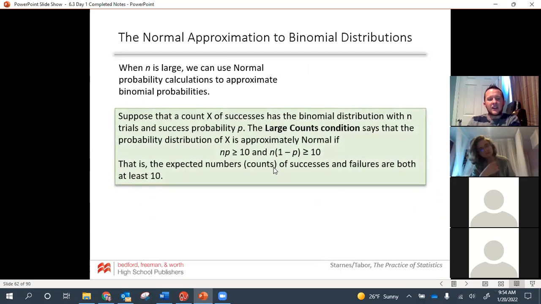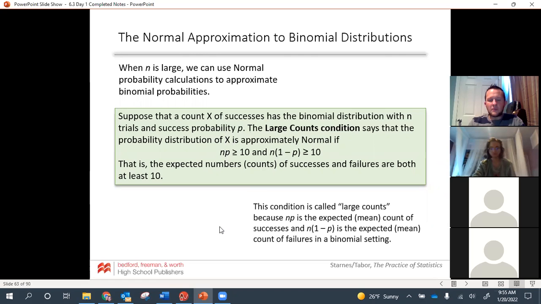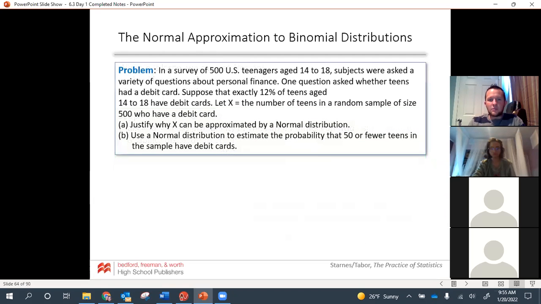So they come up with this large count condition, which is basically a way of making sure that your samples were large enough to claim to be approximately normal. It basically is just that your expected number of successes and failures needs to be at least 10. Okay, so we might see that a little bit, but mainly we're going to focus on other things.